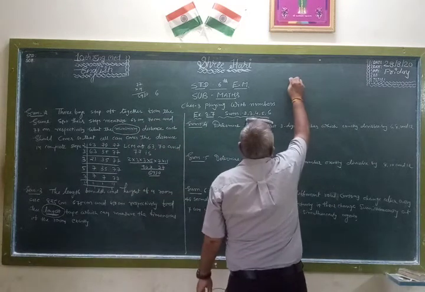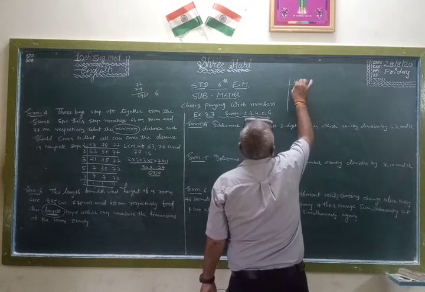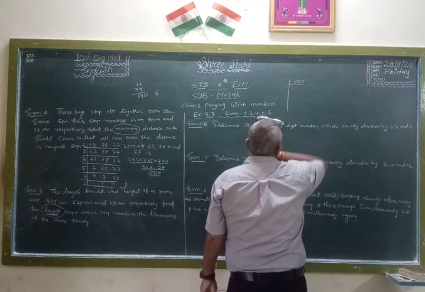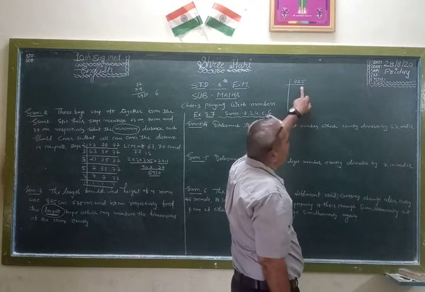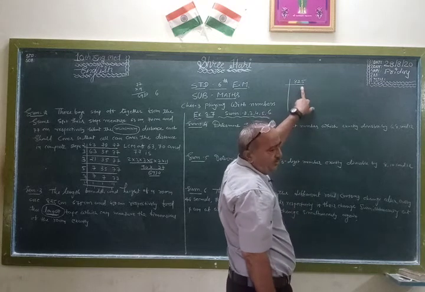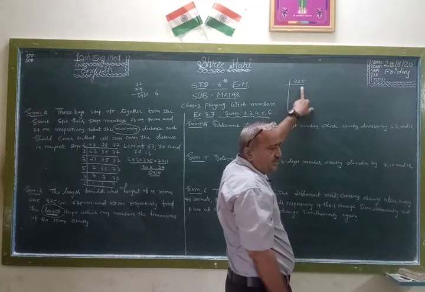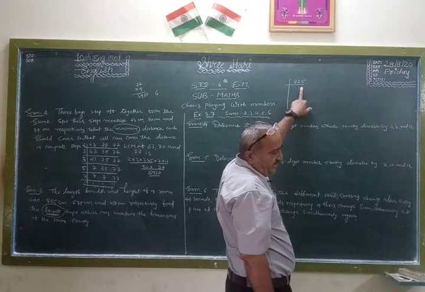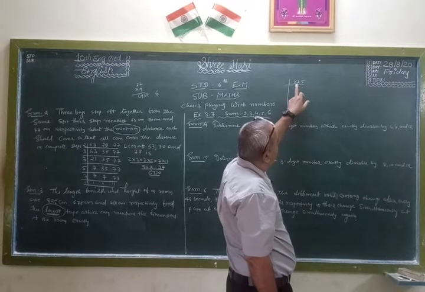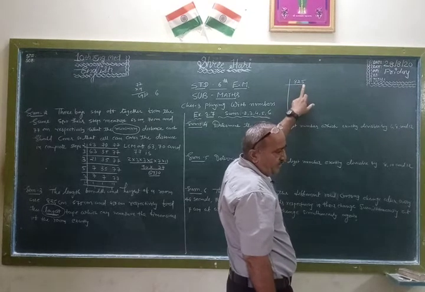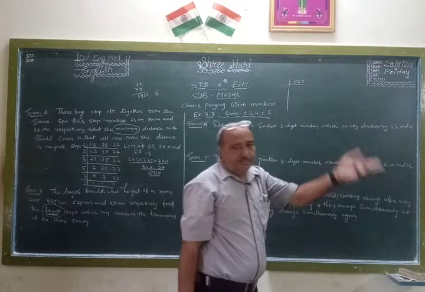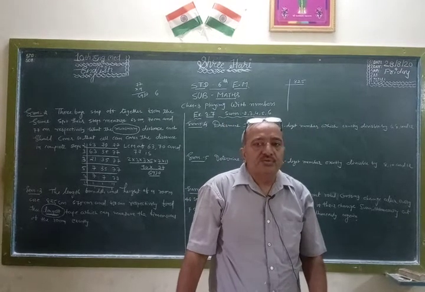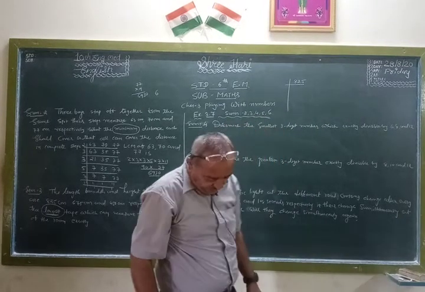So first I find the prime factors of 825. Check it. I can't divide this number by 2 because the last digit is odd. Check whether we can divide by 3: 8 plus 2 is 10, 10 plus 5 is 15. 15 is divisible by 3, so this number is also divisible by 3.